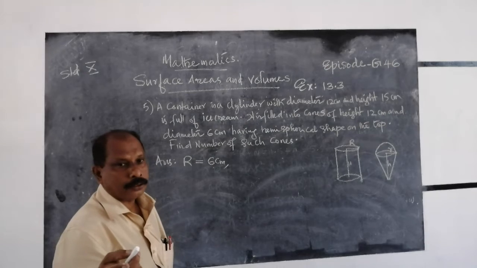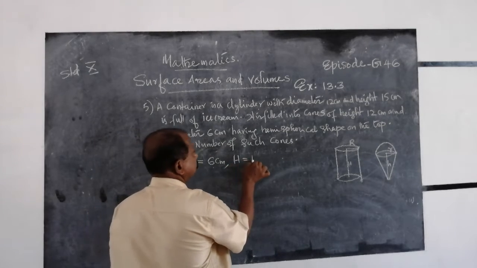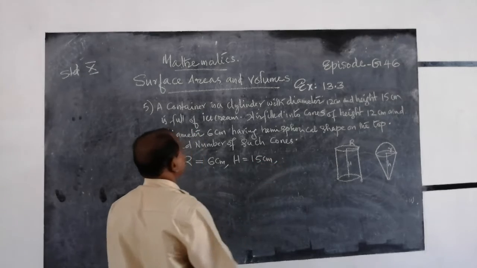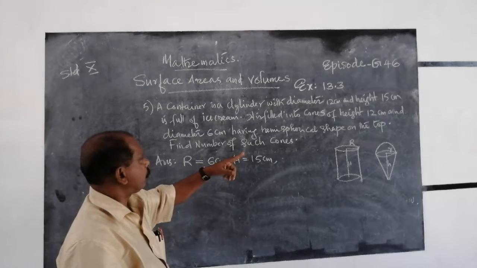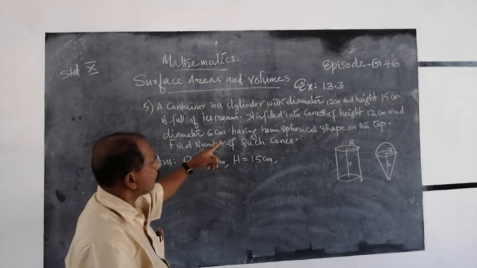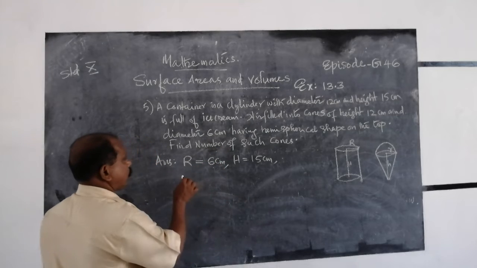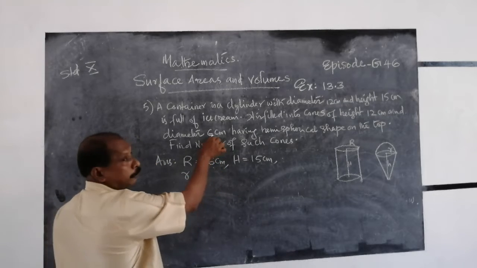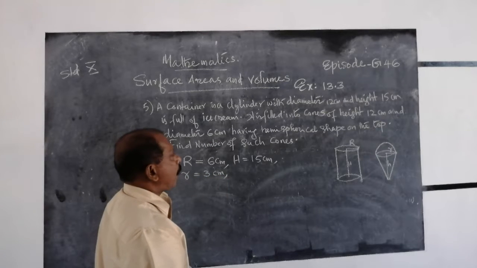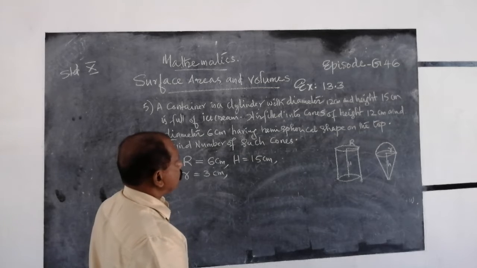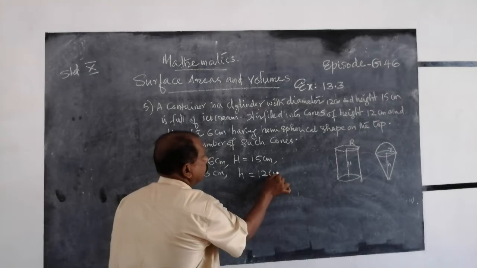And the height of that cylinder is 15 centimeter. And the diameter of that cone is 6 centimeter, therefore small r is equal to 3 centimeter. And the height of the cone, it is h is equal to 12 centimeter.